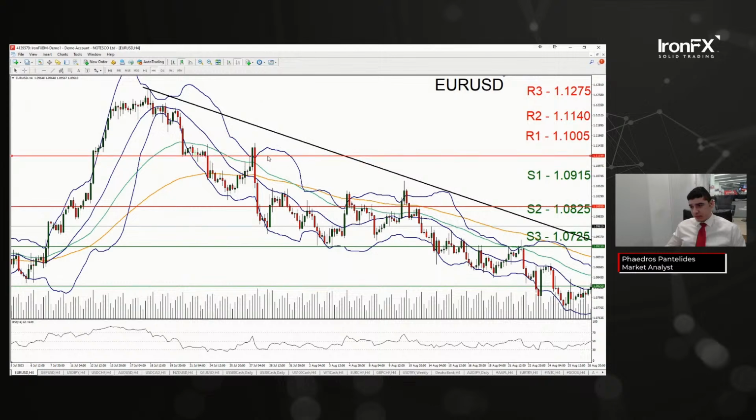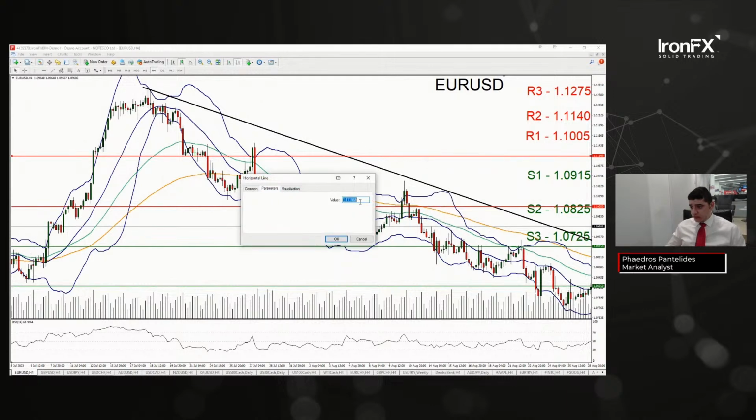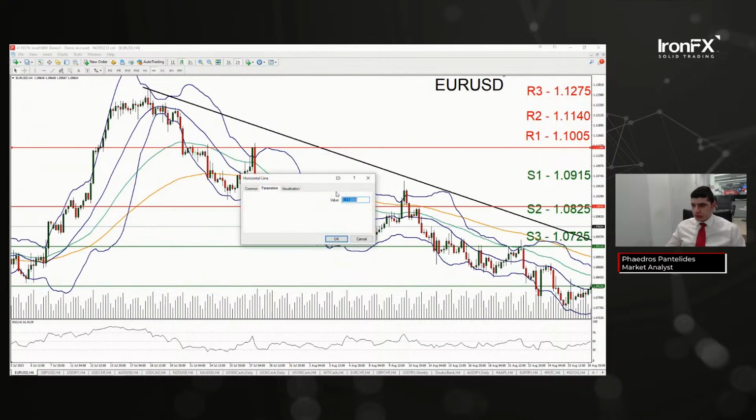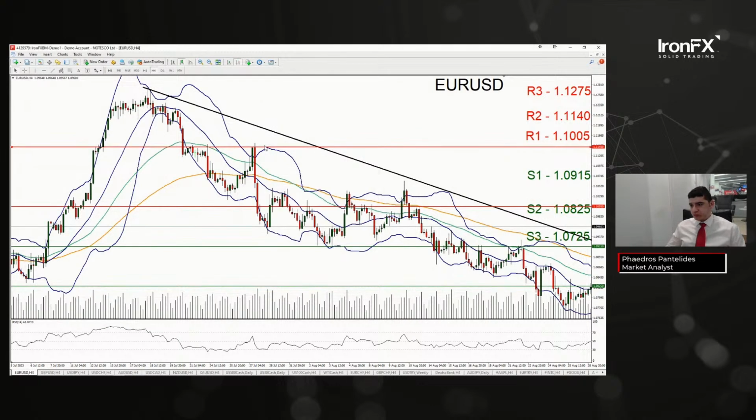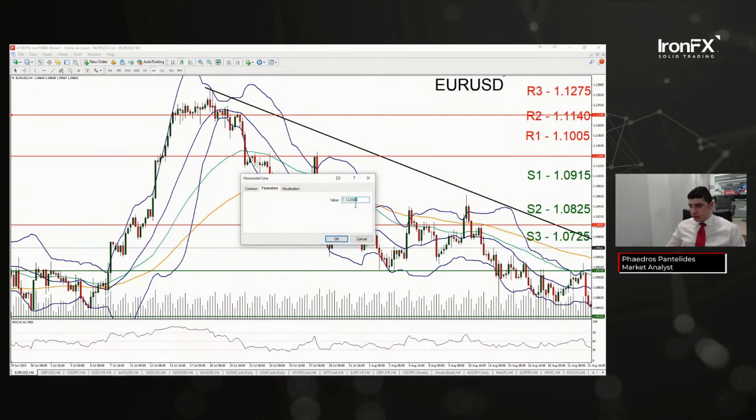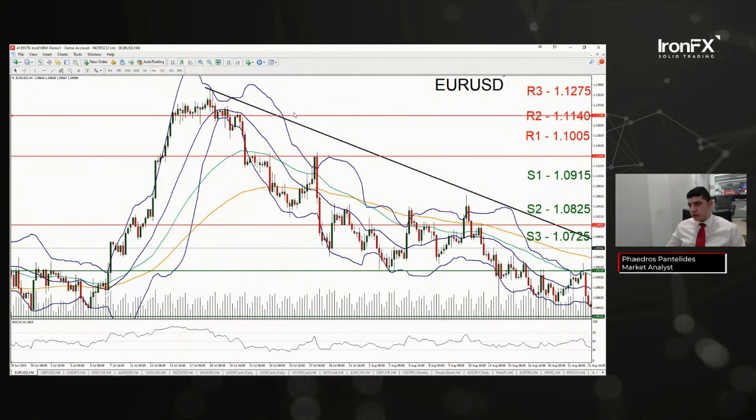So it perhaps would be more prudent to have R2 at the 1.1120 figure, or it could be slightly higher, 1.1130, 1.1140, probably better. And then for R3, 1.1220, 1.1221, or we could keep it at 1.1220.